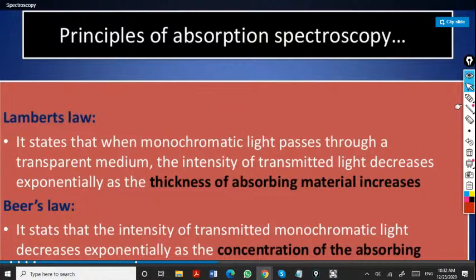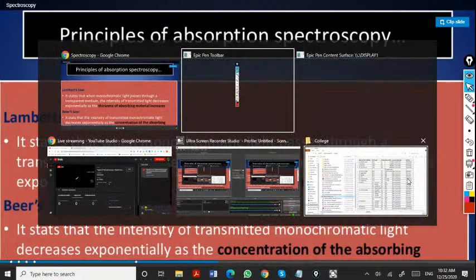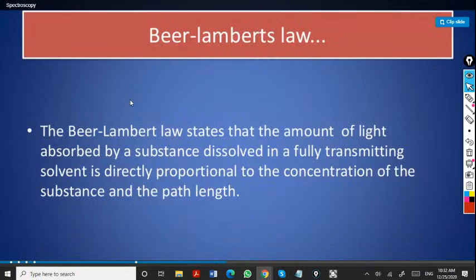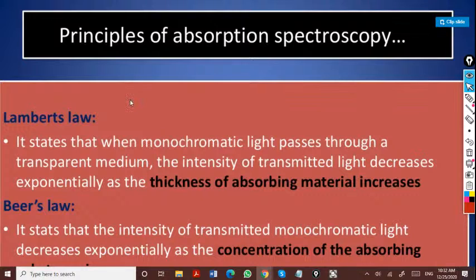Next we are going to see the principles of spectroscopy. The first is Lambert's law.